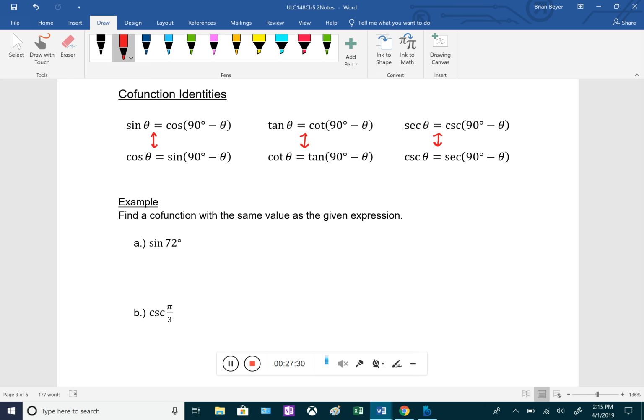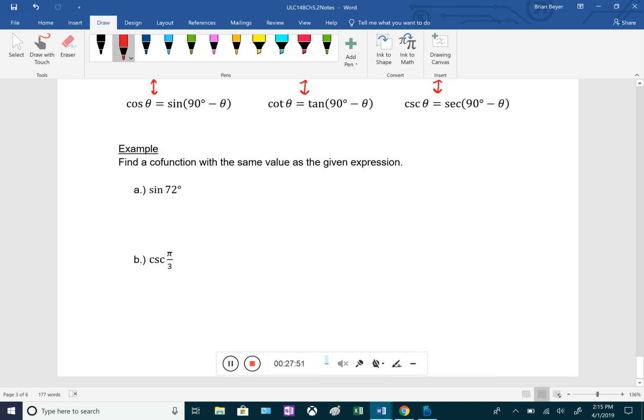This is going to be a horizontal shift and a reflection of each other. So sine and cosine, when we graph them, you'll see that all they are is a horizontal shift and a reflection of each other over the y-axis. But I'll mention that once we get there.